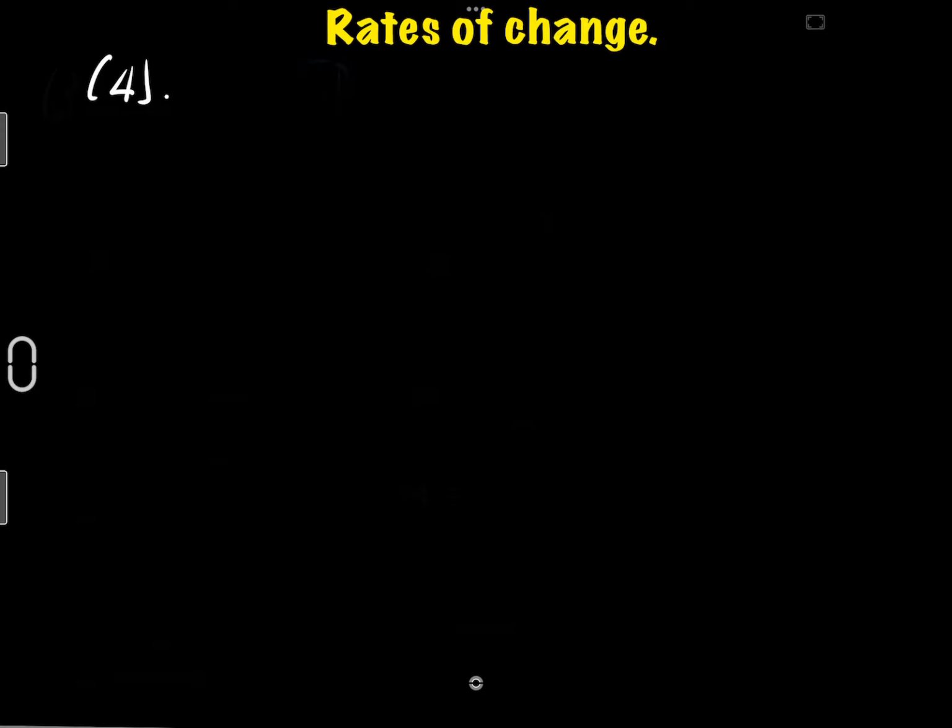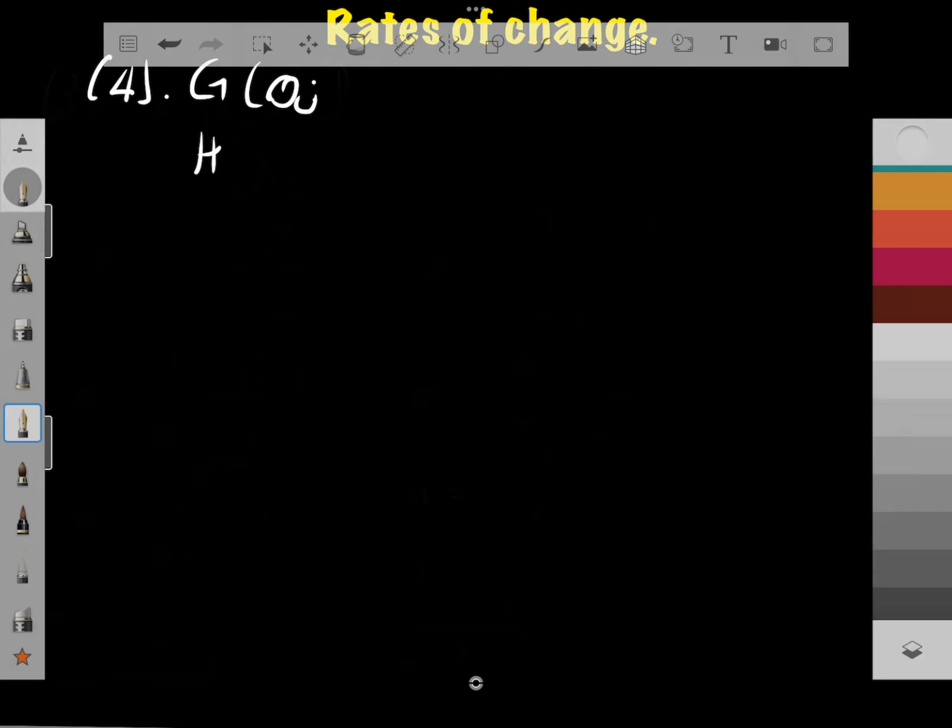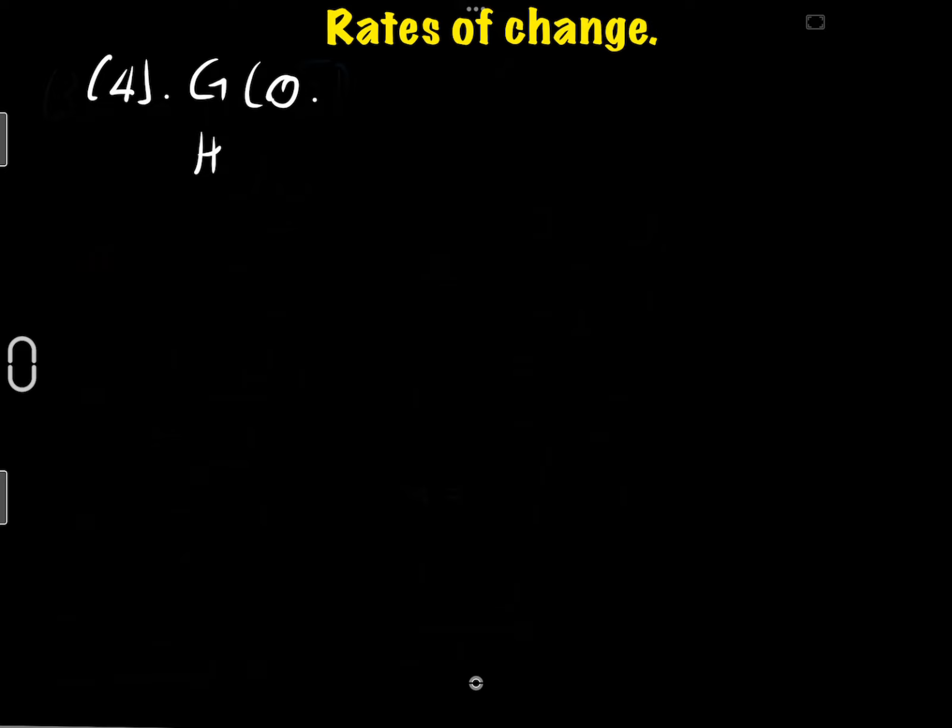So essentially here we have point G and point H. At G we have the coordinates where x is equal to 0 and y is also equal to 0.